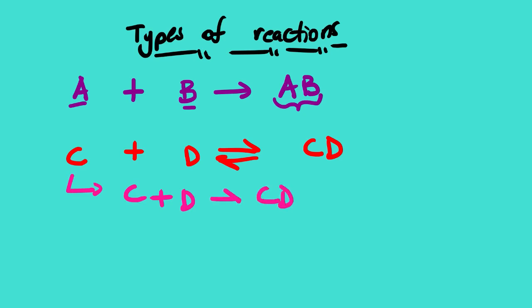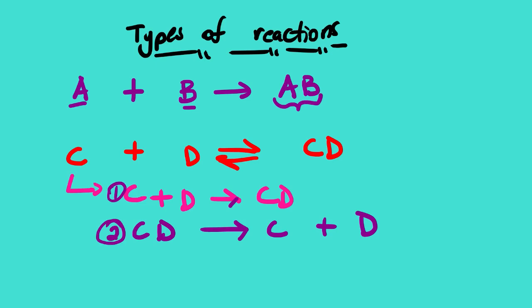Then the second one is CD to give C plus D. On the second one, we take the reverse, we move in this direction. The reason why we say it's a reversible reaction is that we have a forward reaction and a reverse reaction, whereby the reactants react to form a product, or a product undergoes decomposition to form the reactants.